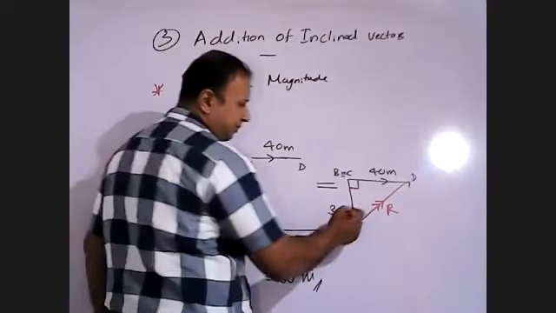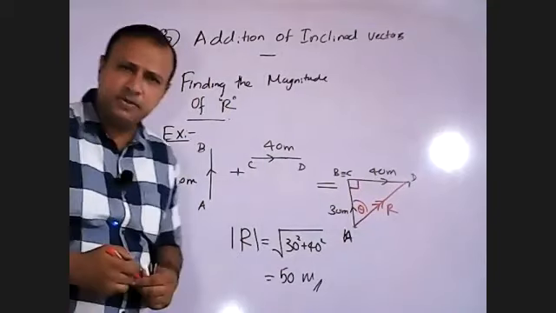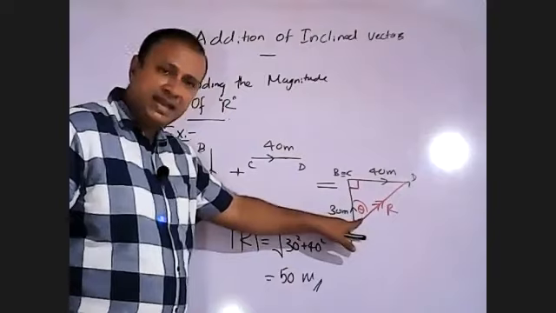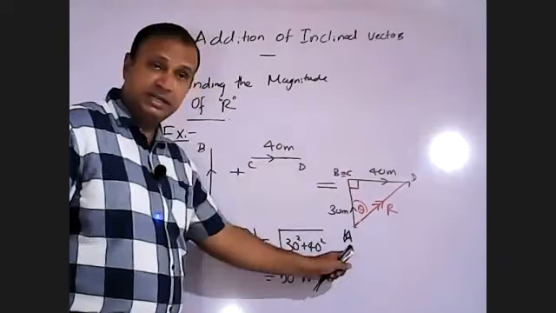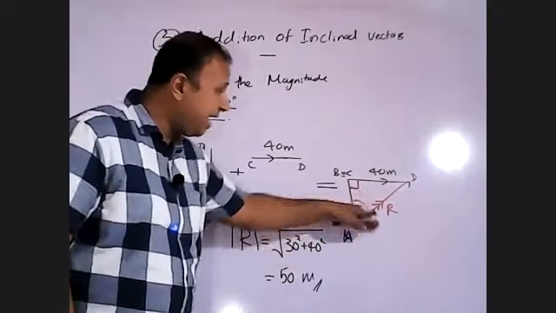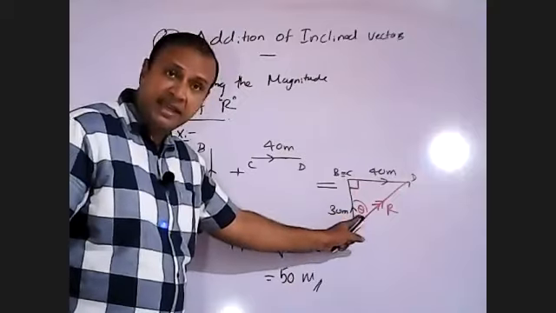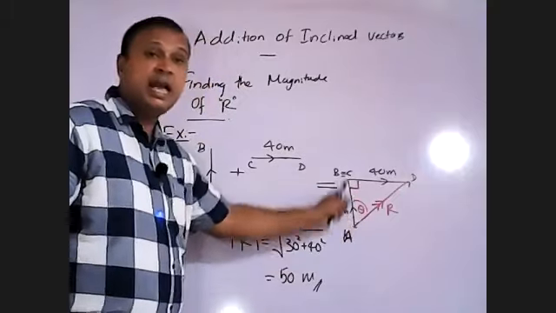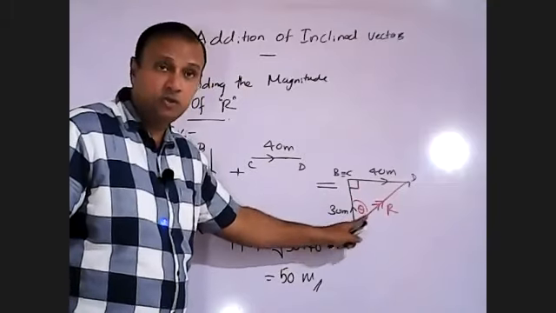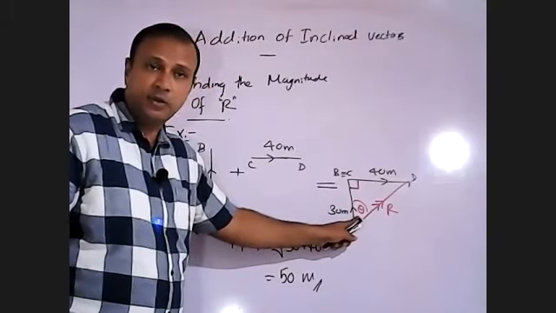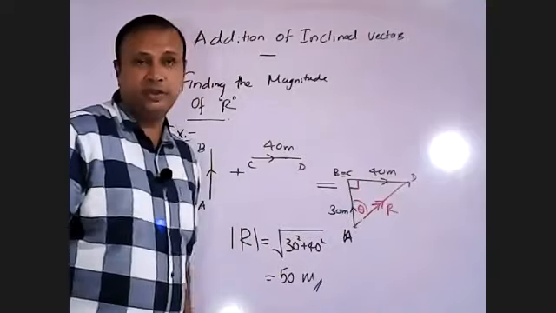So suppose this angle is theta. That is an assumption. We can assume this angle is theta. Theta is the angle between the vertical and the resultant vector. You should state that, either in words or in the figure.